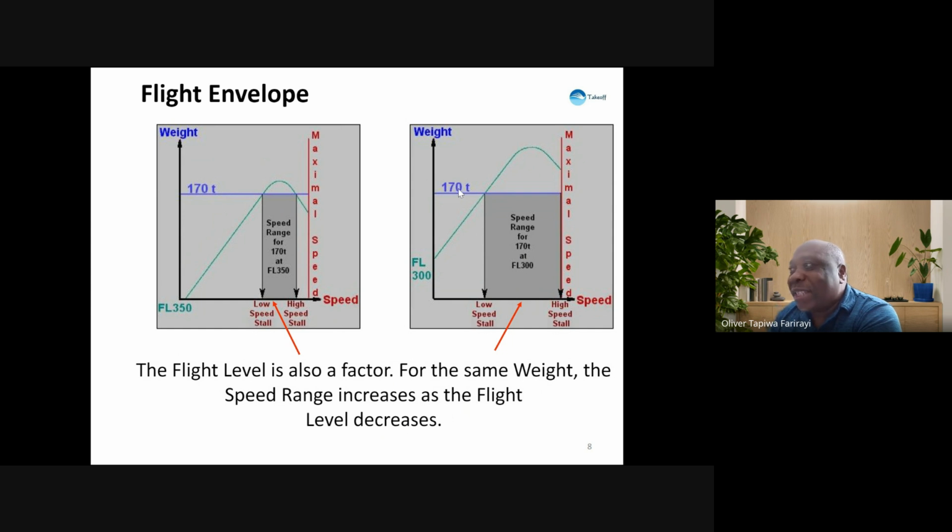Still at 170 tons, but we've just descended to 300. It gives us more range we can work in. And this is from the same weight.